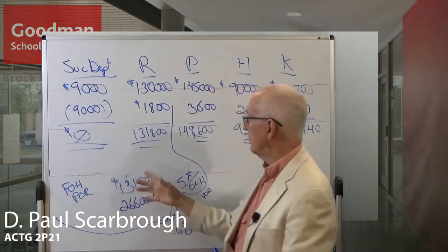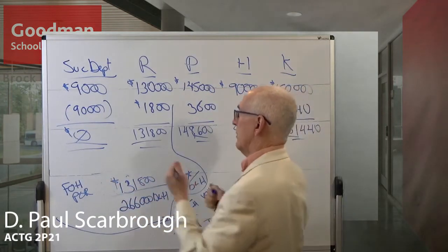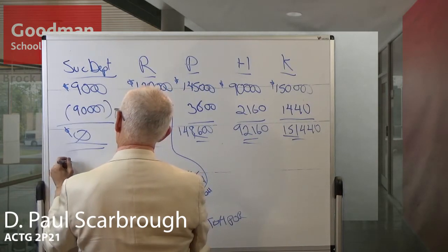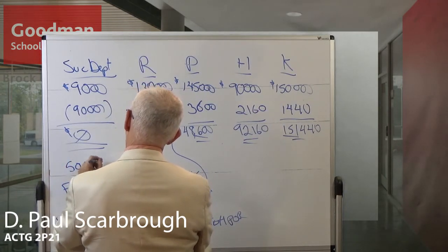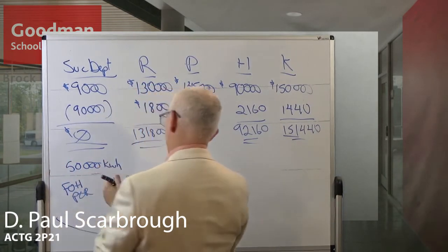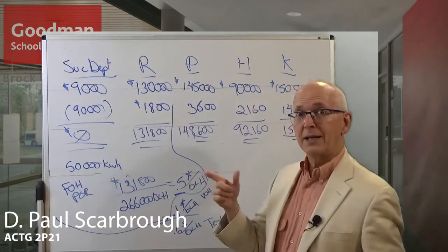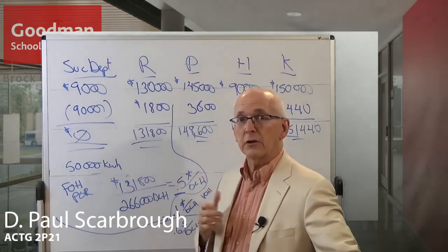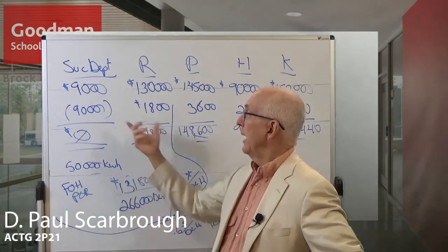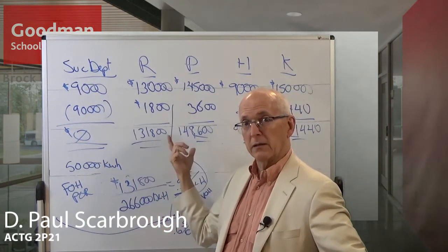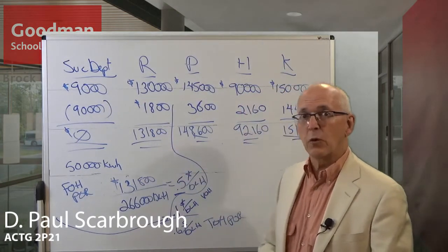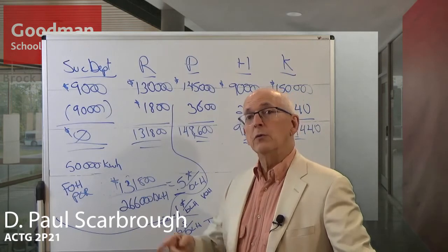So I don't really have it written down here, but remember, this is the fixed cost for doing 50,000 kilowatt hours of electricity. So we made a commitment to have the capacity to do 50,000 kilowatt hours. And that is what we're paying for here. And to each one of these groups, we made a commitment for an amount that we would give them.